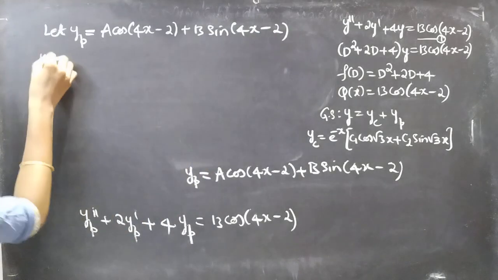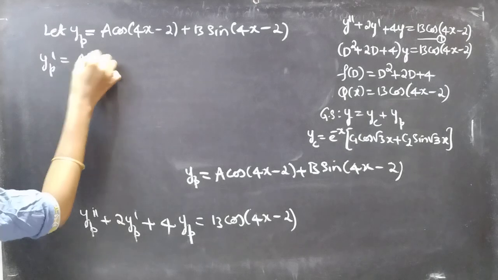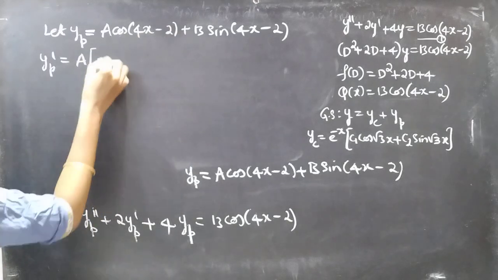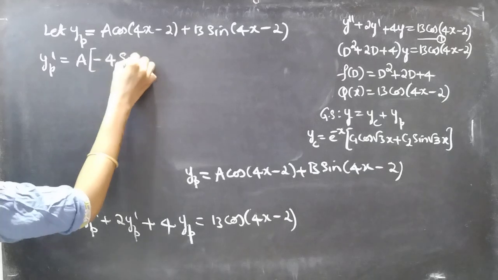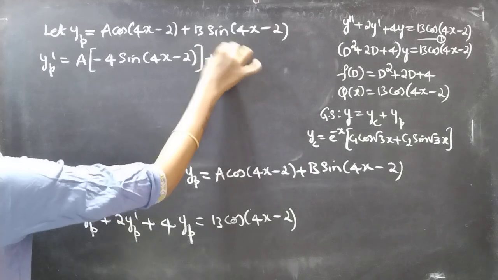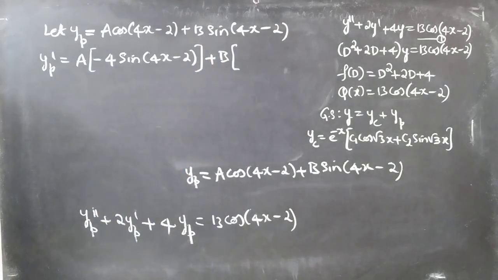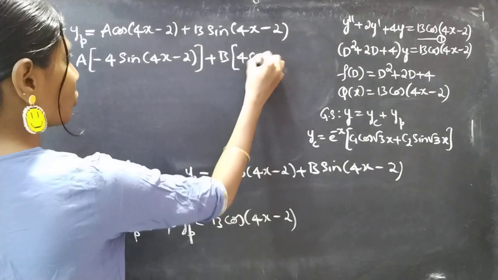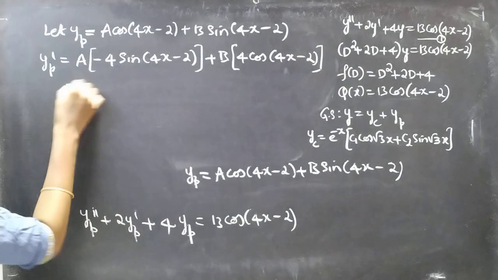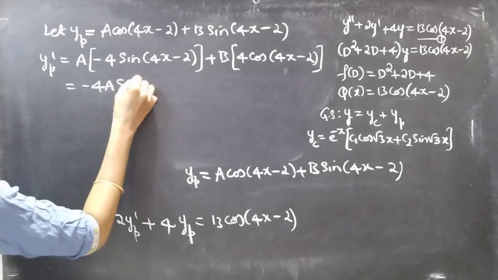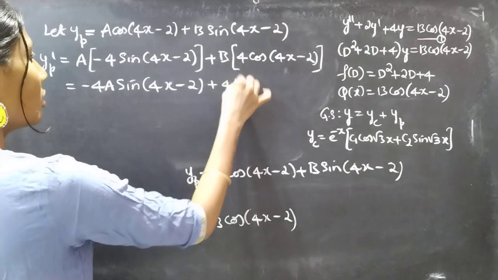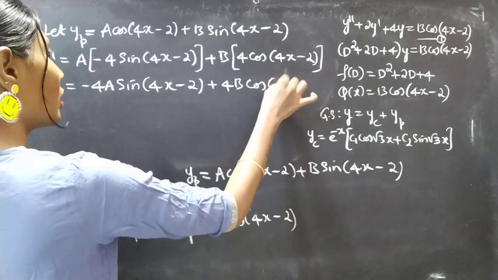Now find yp dash: we'll get a into derivative of cos of 4x minus 2, which is minus 4 sine of 4x minus 2, plus b into derivative of sine of 4x minus 2, which is 4 cos of 4x minus 2.